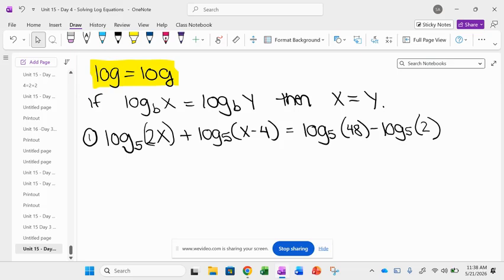So what do you think I'm going to tell you we should do on both the left side and the right side? You got it. We're going to condense it down to 1 log on the left side. We're going to condense it down to 1 log on the right side.